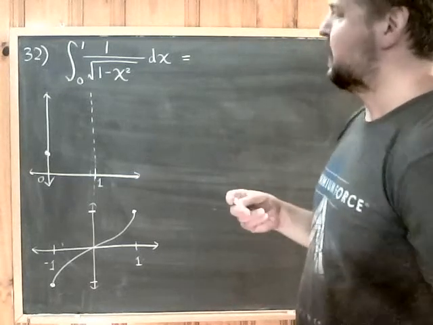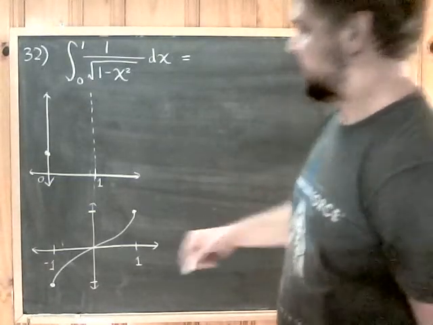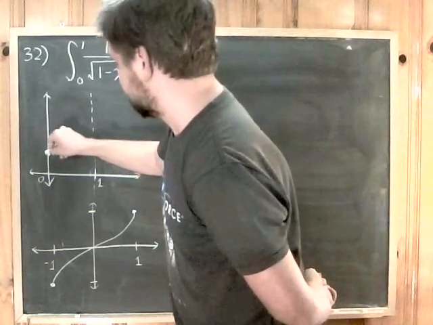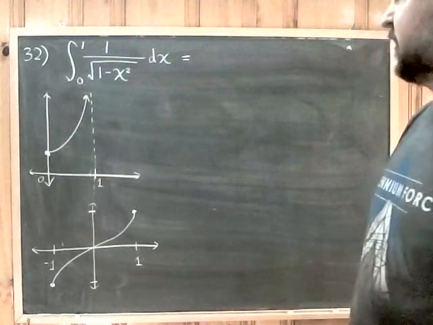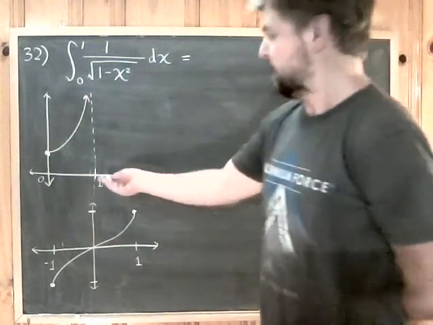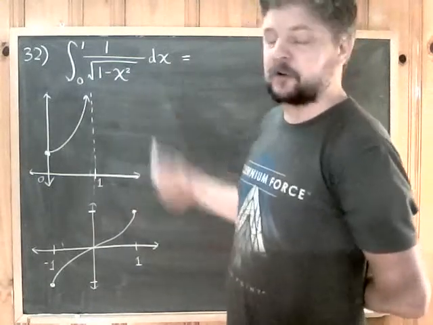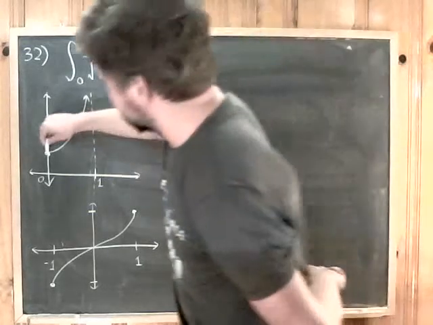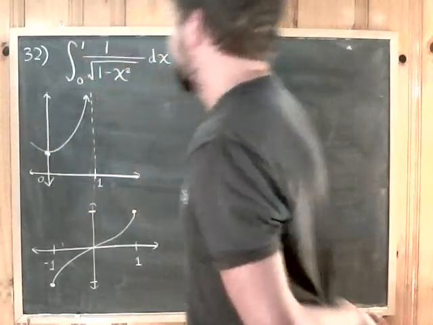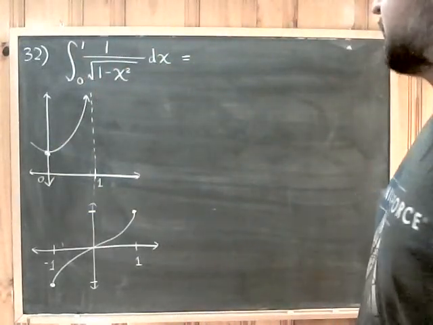So it'll still be a positive number, so it goes to positive infinity. So it looks like that. And actually there's no more graph. If you plug in anything bigger than 1, you get the square root of a negative number. So that's the only graph that you have. It also does it on this side too. So there's the vertical asymptote.